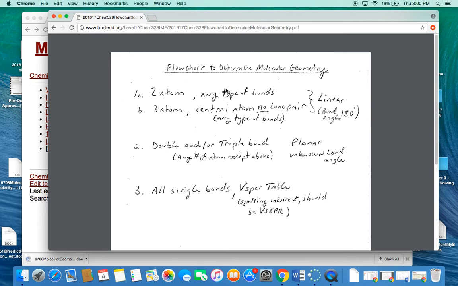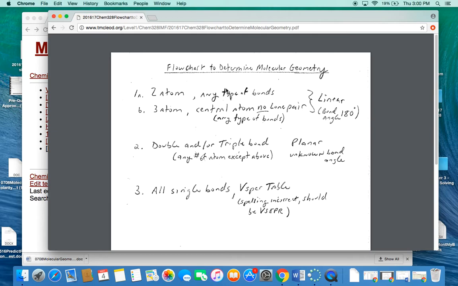You do this for every single substance. You start at number 1. You see if the substance fits number 1. If it does, it's that shape. Then you go to number 2. And if it doesn't fit number 2, then you go to number 3. There's no jumping around. Okay?